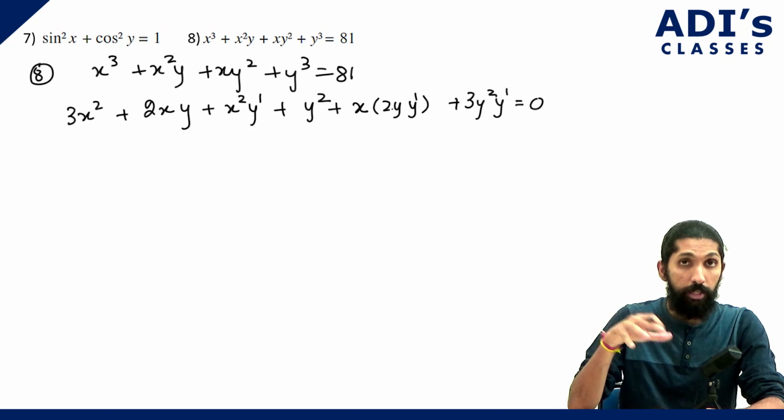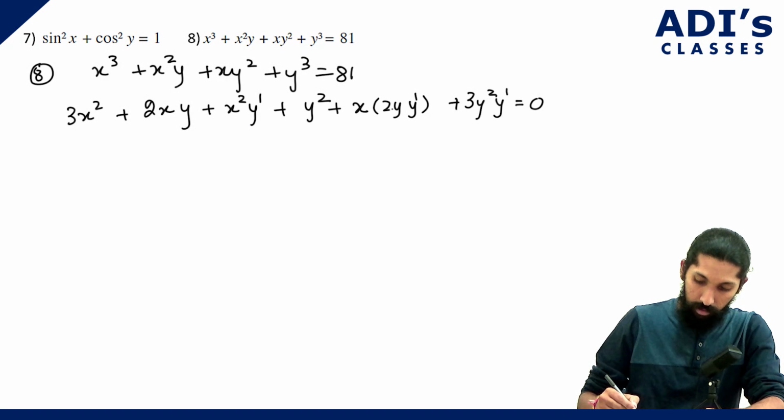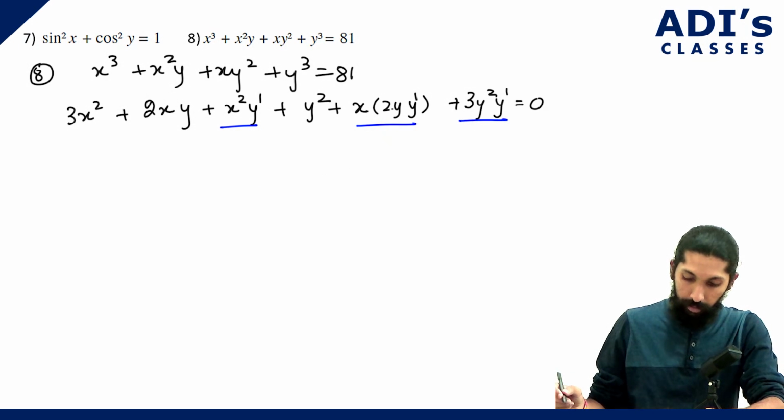See how we are differentiating separately, correct? Now what do? Take all the y dash. This is 1, this is going to be 1, this is going to be 1, correct?